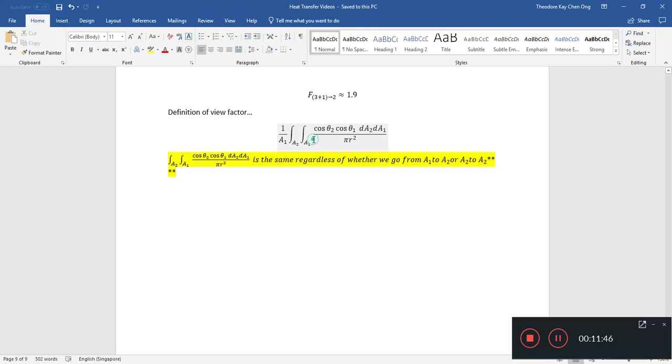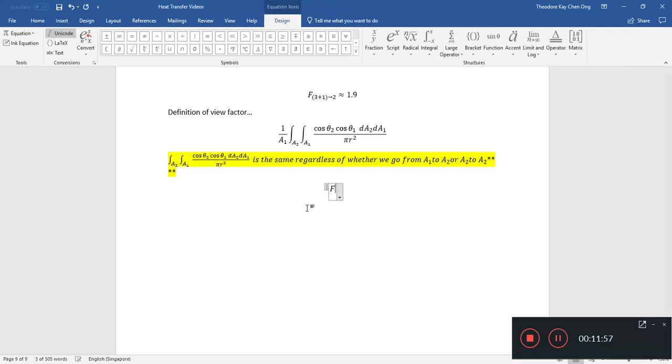And so, what does it tell us? Well, as long as we can find this integral, this F1 A1 equals a constant, and this is also equal to, if you're coming from the other way, F2 A2. So why is this so?